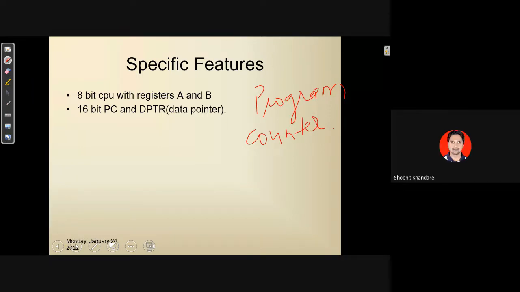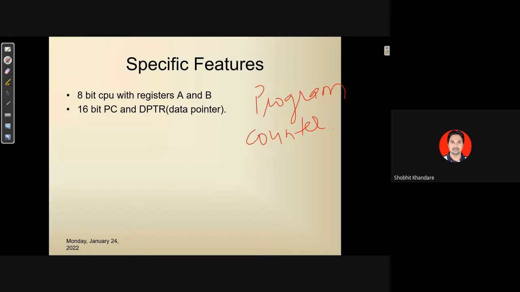Yes. So it stores the address of the next instruction to be executed. Very good. So your program counter will hold the address of the next instruction which has to be executed.